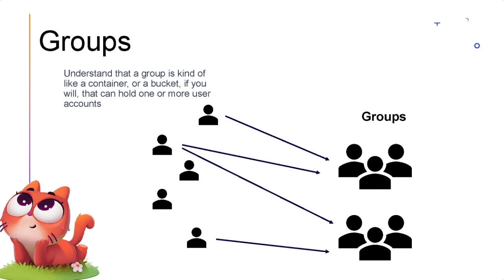Without groups, you need to go into each of the individual user accounts and manually assign the necessary user rights, access policies, and permissions redundantly, over and over and over, for each one of the user accounts. That is a lot of work. To make things more efficient, you can implement groups. Here's how it works.